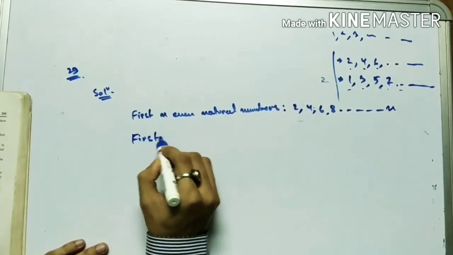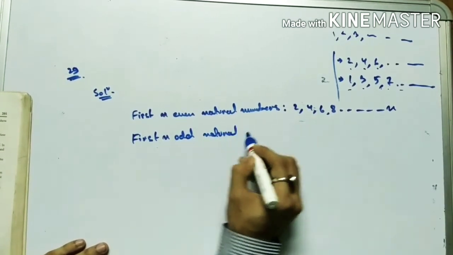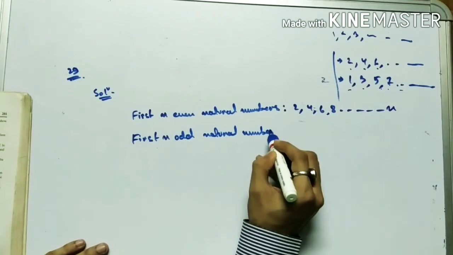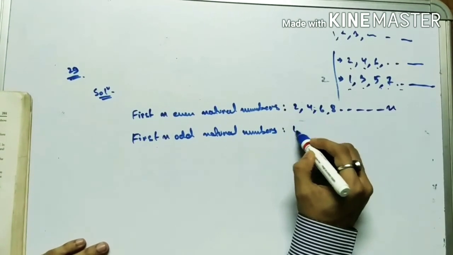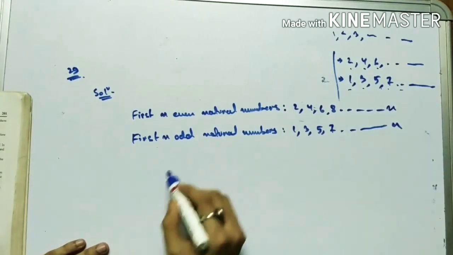And then the first n odd natural numbers: 1, 3, 5, 7, and so on, up to n terms.